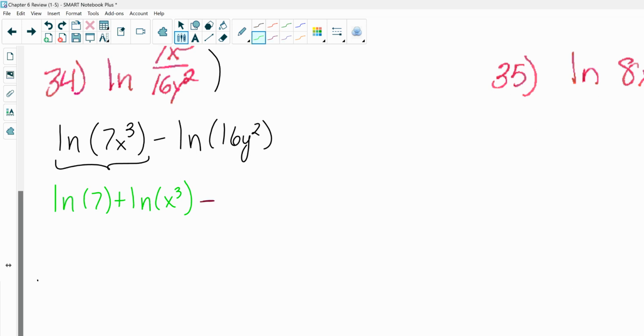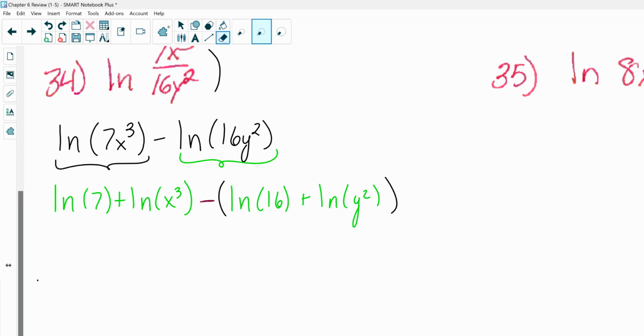Minus. Over here, ln of 16y squared, we'd have the natural log of 16 plus natural log of y squared. But we would have to put the second set in parentheses if we did this as we're supposed to in each step.